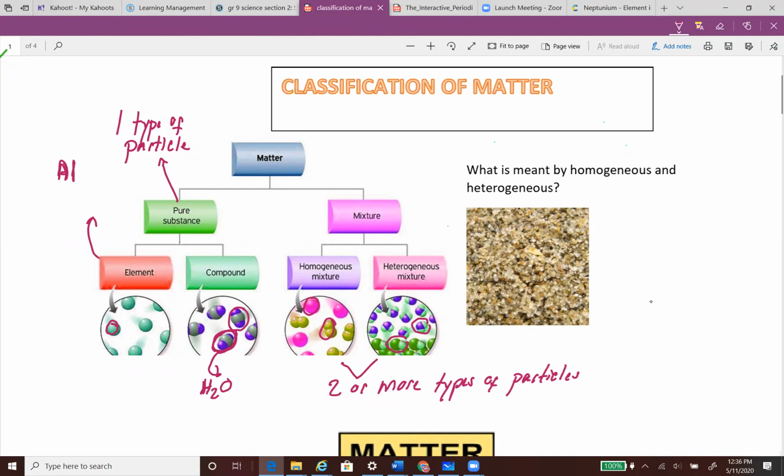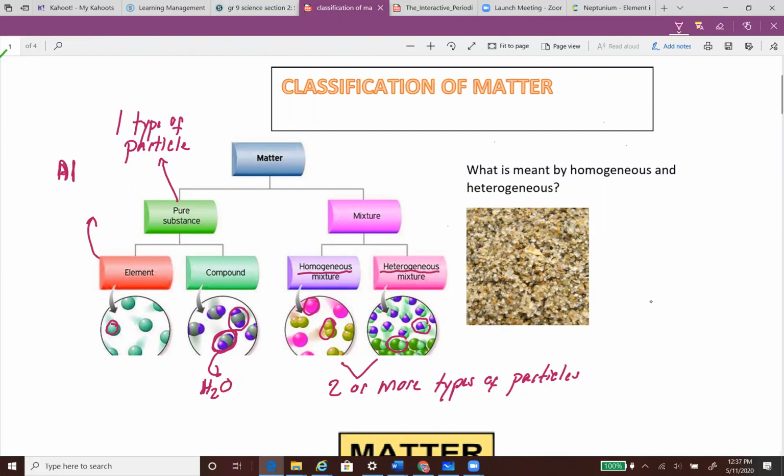So they're not pure substances. We can talk about a way to classify mixtures. We can use a term. We can say it's either homogeneous, right here, or heterogeneous.